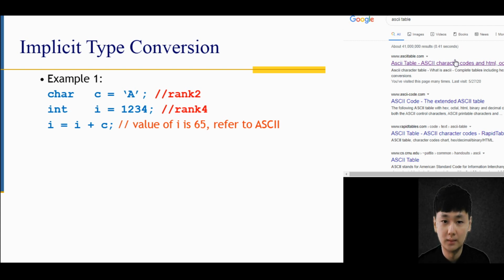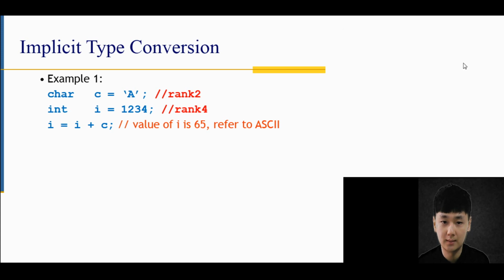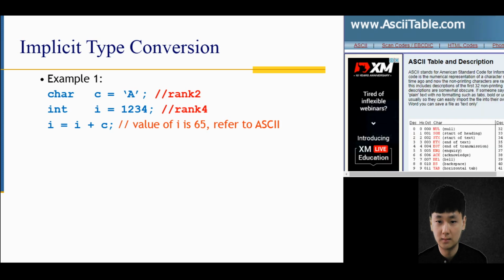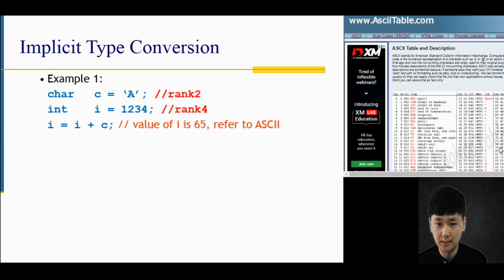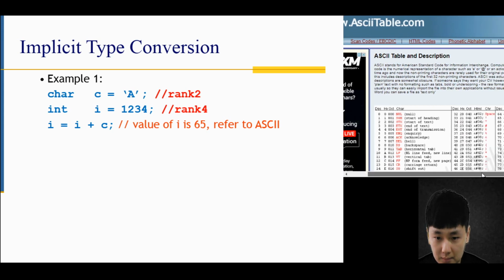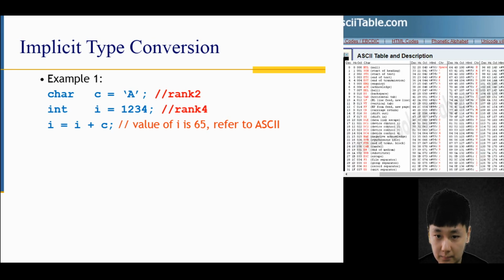Then you look at this ASCII table, the official website. So you can see this is the ASCII table, and each of these chars here can be represented by a value.